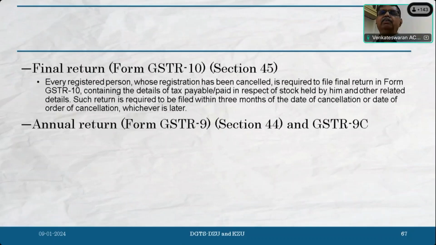So my request is, GSTR 9 and 9C, even though not mandatory, you can use for better compliance and better understanding of the legal provisions, and also you can avoid unnecessary litigation which you may not expect at future dates.